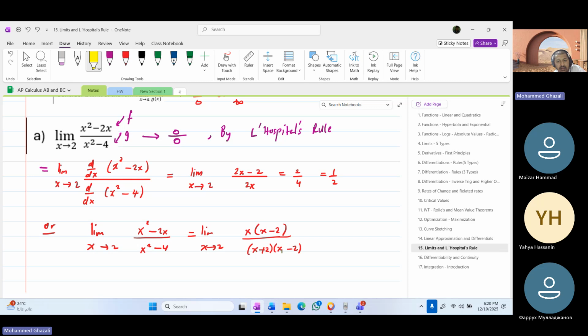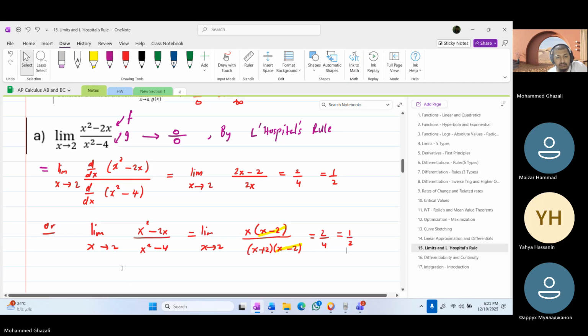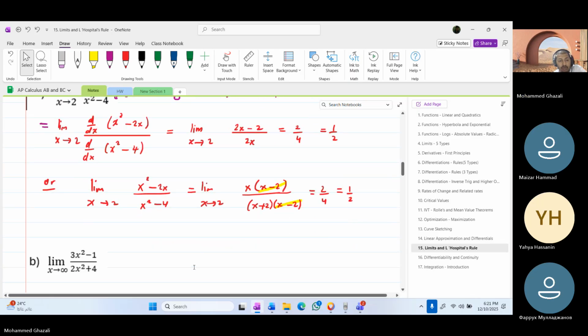Then we cancel out x minus 2. We substitute 2 inside, we get 2 over 4, which also equals half. Both methods are correct. One applied L'Hopital's because you found 0 over 0 is an indeterminate form, and the second one is just factorization. Great. What about this one?